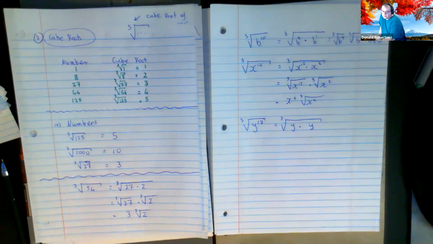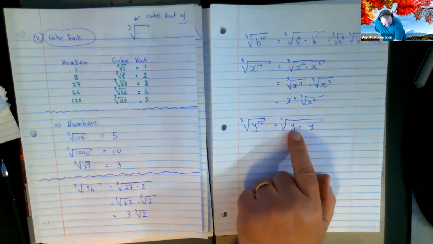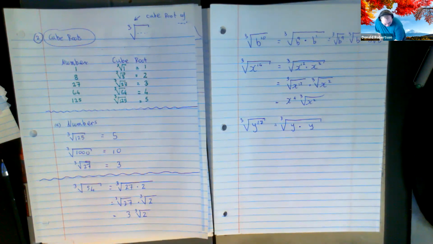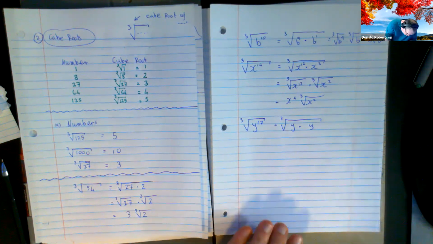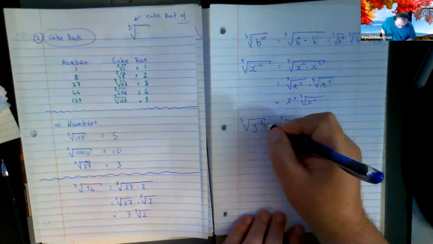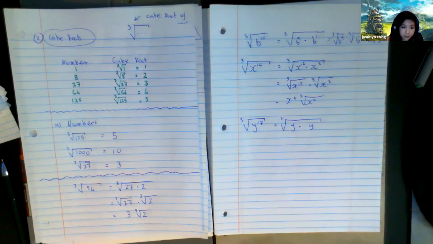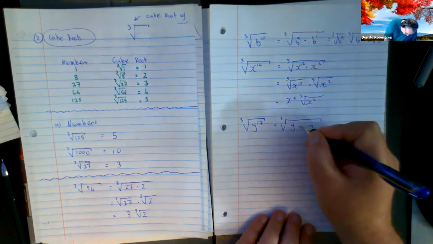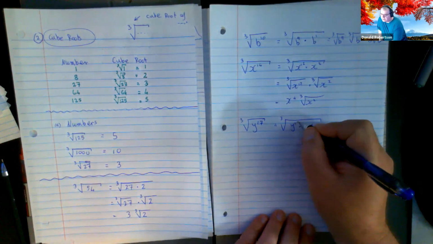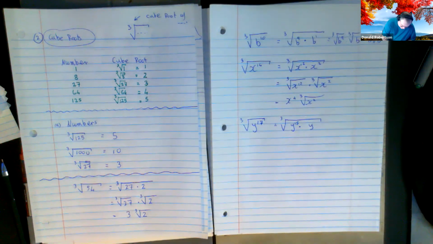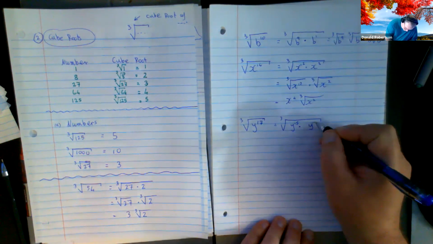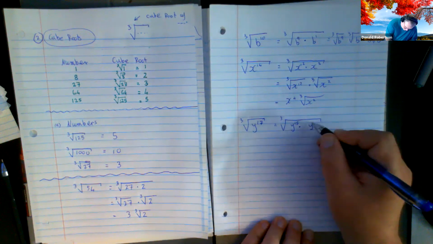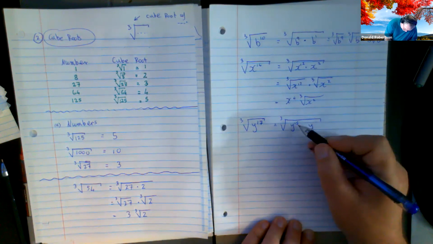Okay, let's simplify the cube root of y to the 17. How's that going to split? What's the biggest number in the 3 times table that you can use without going over 17? 15. Great. And how much is left over in this case? 2.